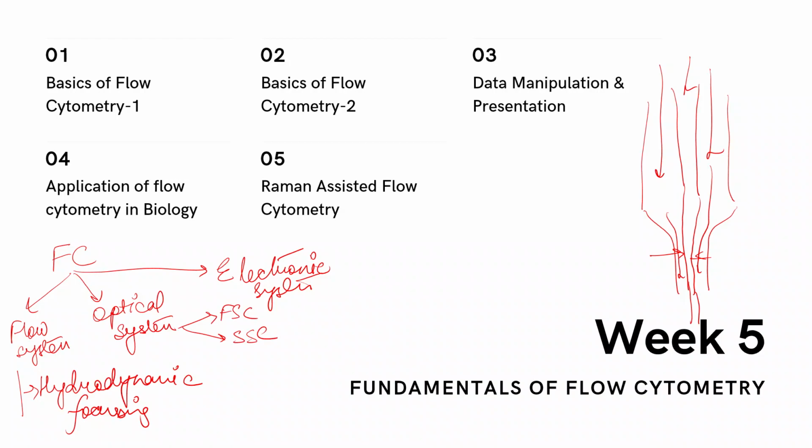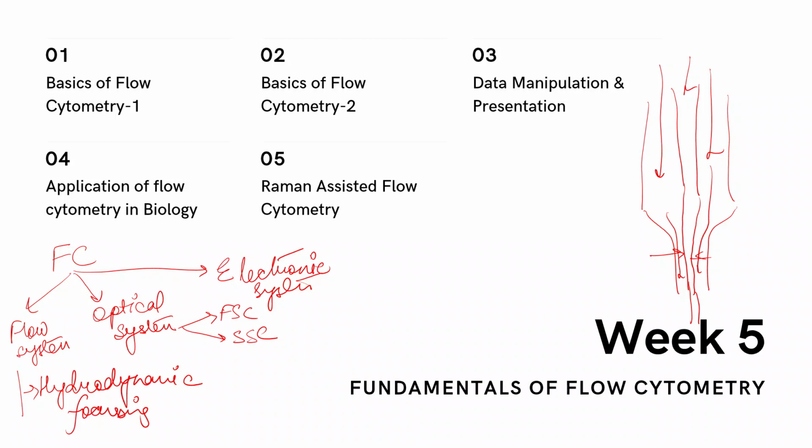Forward scatter gives an idea of the size of the cell, whereas side scatter gives the complexity or granularity of the cell. Forward scatter, as the name suggests, is when the detector is placed directly in the path of the laser illumination.